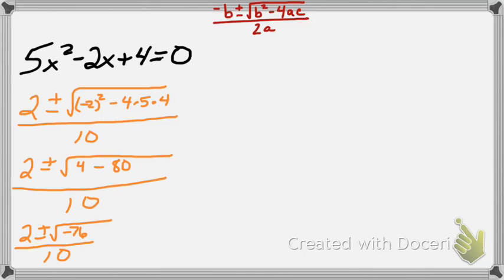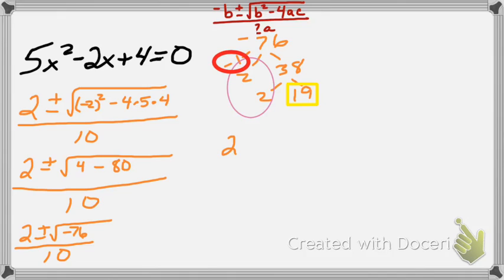Knowing that, I know our answers are going to be imaginary, since our discriminant is negative. 76 is 2 times 2 times 19, plus we have a negative 1 in there. So negative 76 is really 2i root 19 over 10.